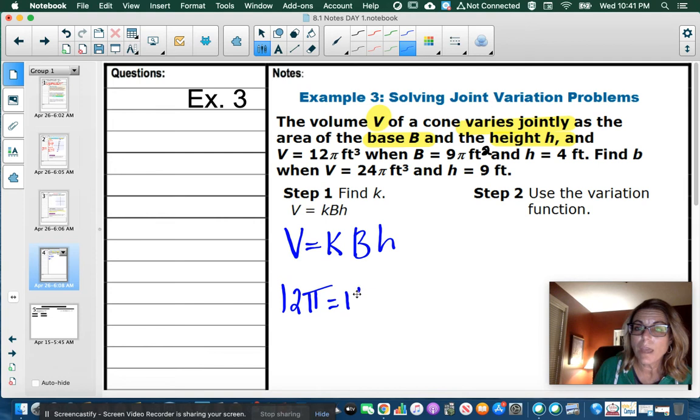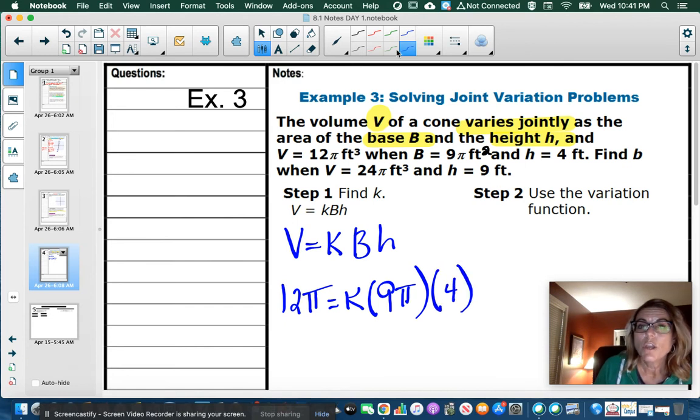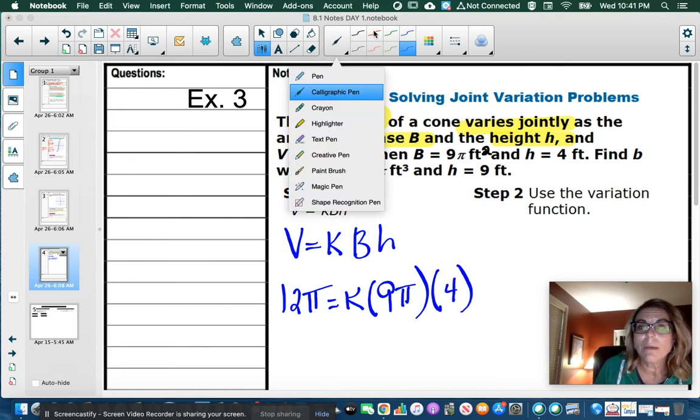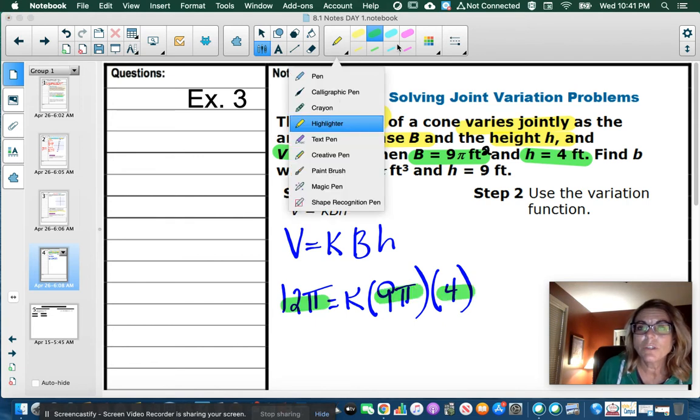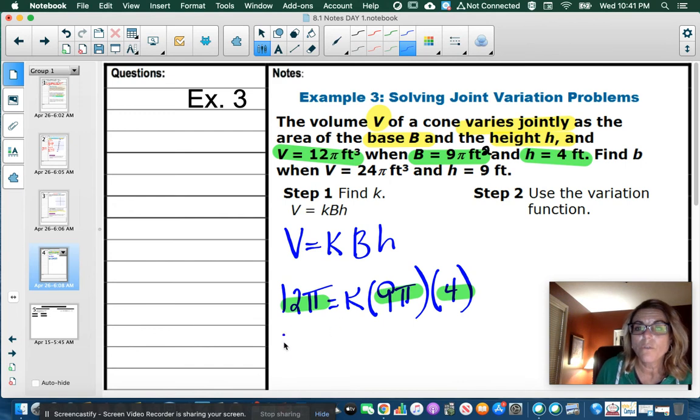I don't know k. I know my base is 9 pi, and I know my height is 4. So what I just grabbed are these items: volume, base, height. And now I'm going to use them to solve for k.